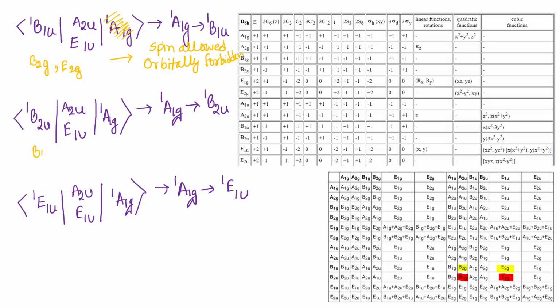So B1g and E2g, again no totally symmetric part, right? So spin allowed, orbitally forbidden, right?